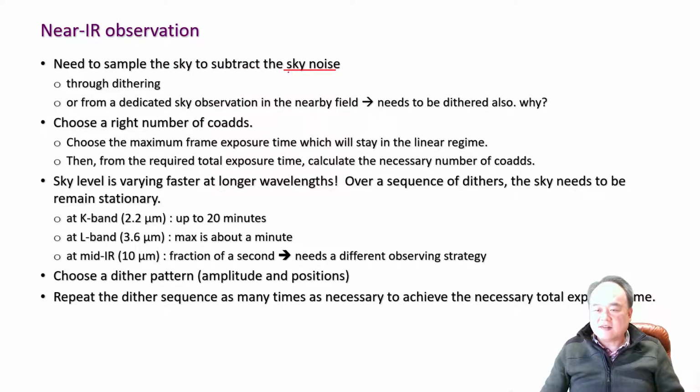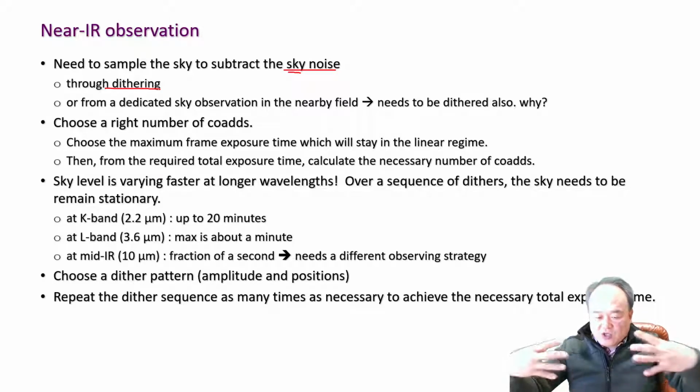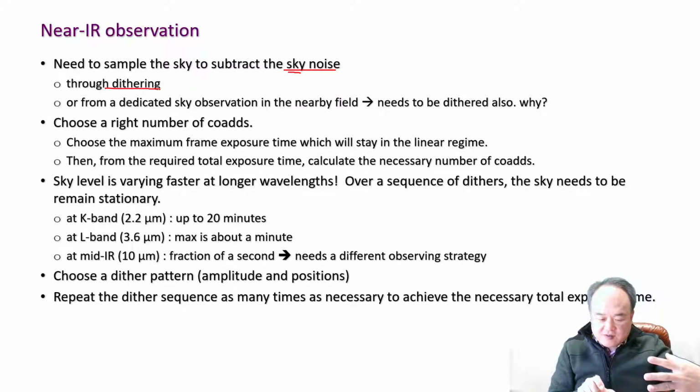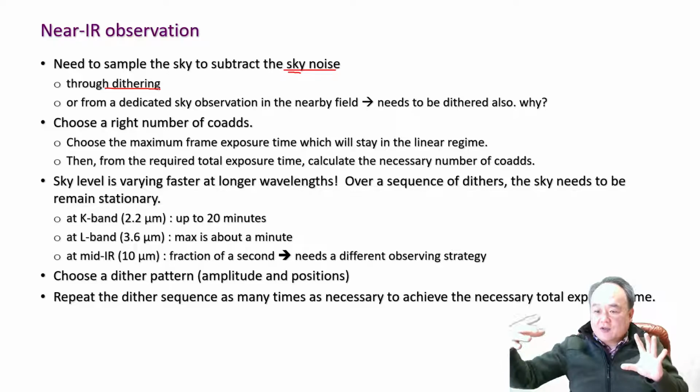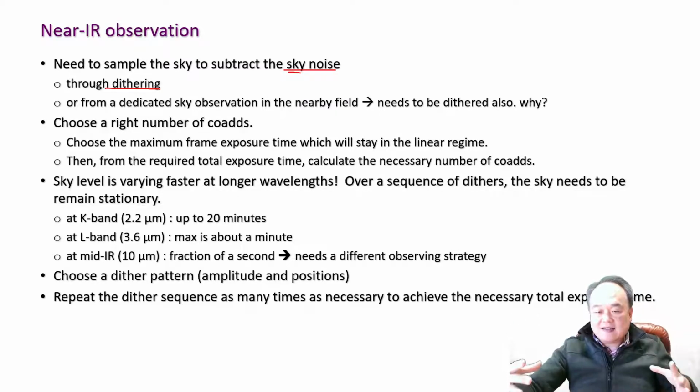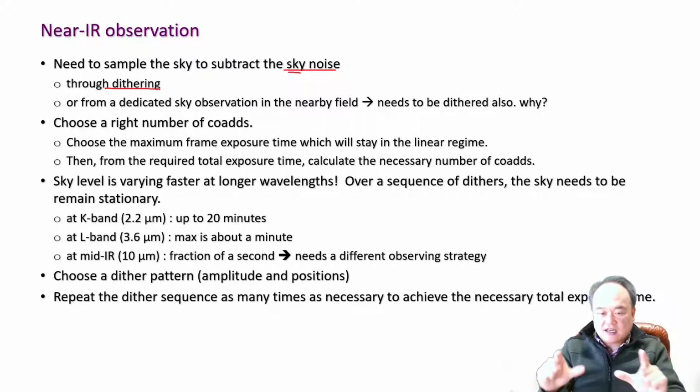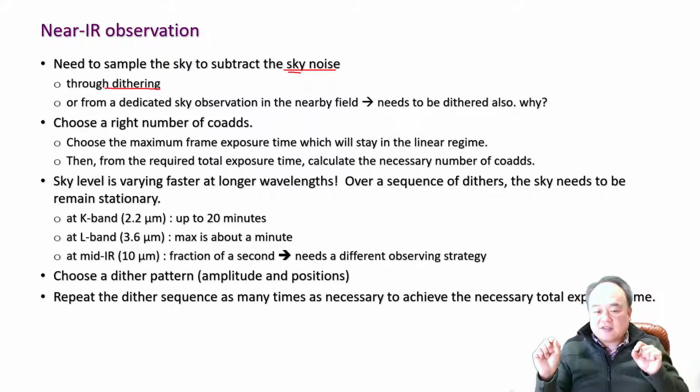To subtract the sky effectively, we need to either use dithering, or, if your science target is too large, so that a small offset amplitude is not effective, for example, your main science target is an extended galaxy that occupies 80% of the detector array field of view, you cannot really do the small on-chip dither.